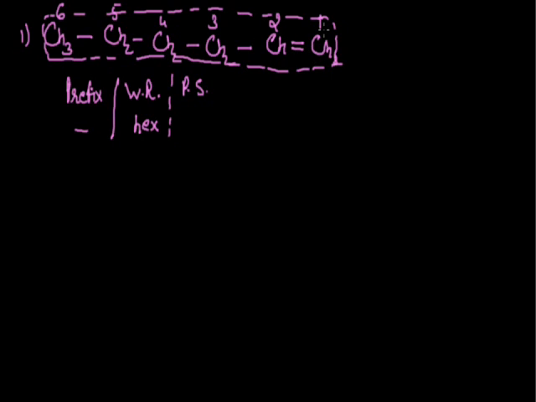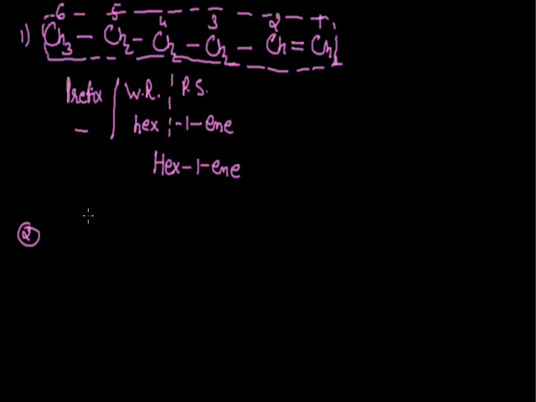Here the double bond is at the first position, so we will write this as 1, then ene. No secondary suffix is there because except alkene no other functional group is present. And finally the name of organic compound will start from the capital letter H, and the name will be hex-1-ene.